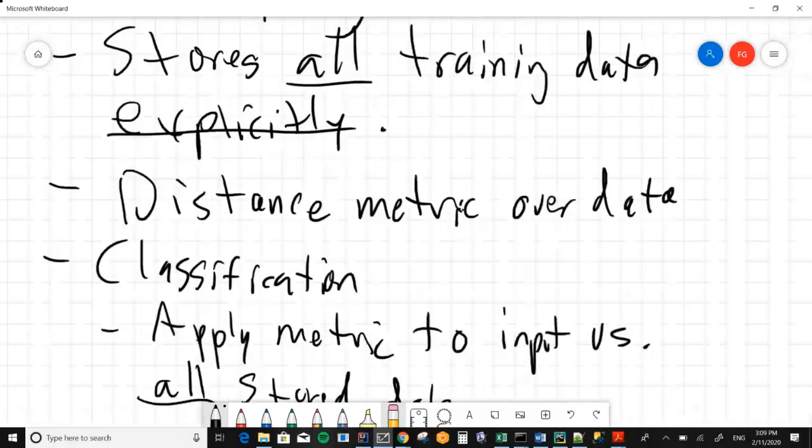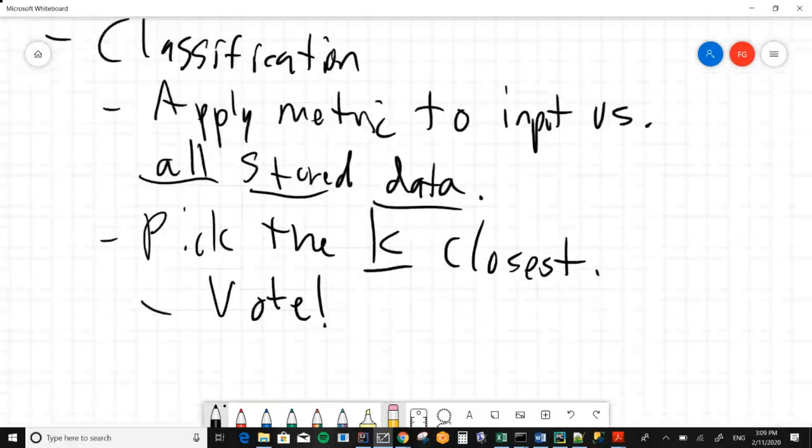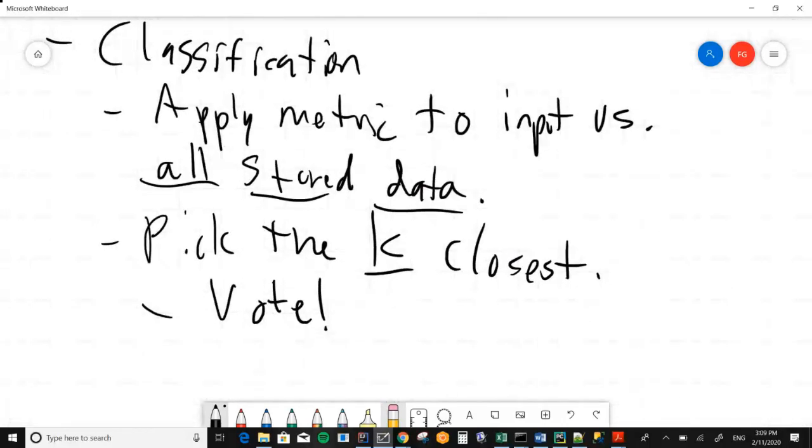Then, every time you want to do a classification, you apply your distance metric to compare your input versus each individual item of stored training data. You then pick the K closest. So a straightforward way to implement this is simply to sort them using that distance as a key. And if you sort them in ascending order, then the first k elements of the resulting sorted array will be your k nearest neighbors.